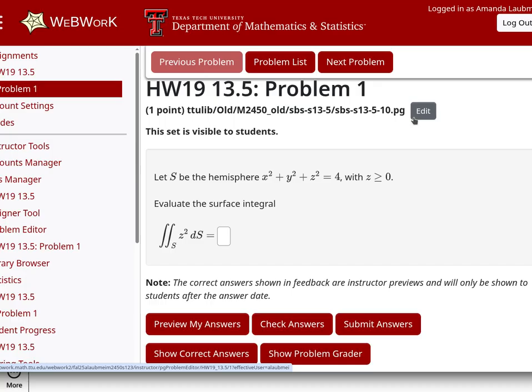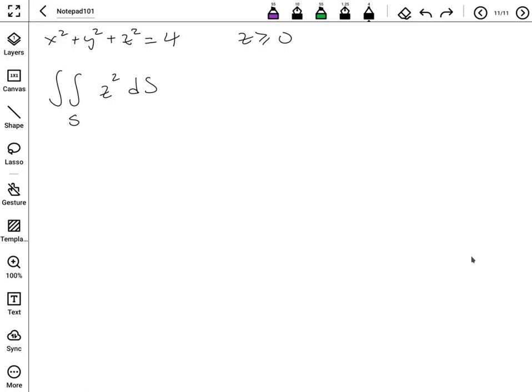Okay, on to the fifth problem, or the third that the first person requested. We are given that S is the hemisphere x squared plus y squared plus z squared equals 4 for z greater than or equal to 0. So I'm looking at the top half of a sphere, and I want to evaluate the surface integral of z squared dS. Okay, so I'm going to draw it out.